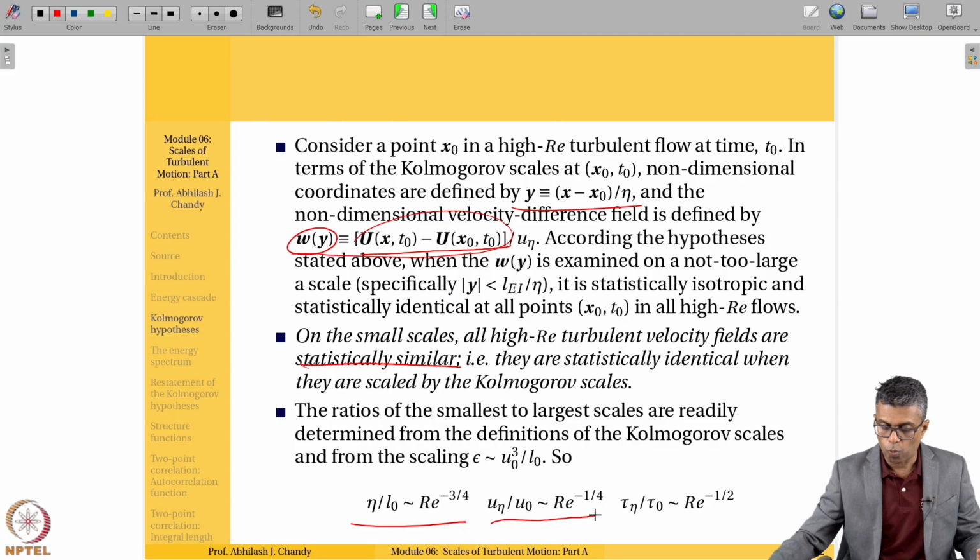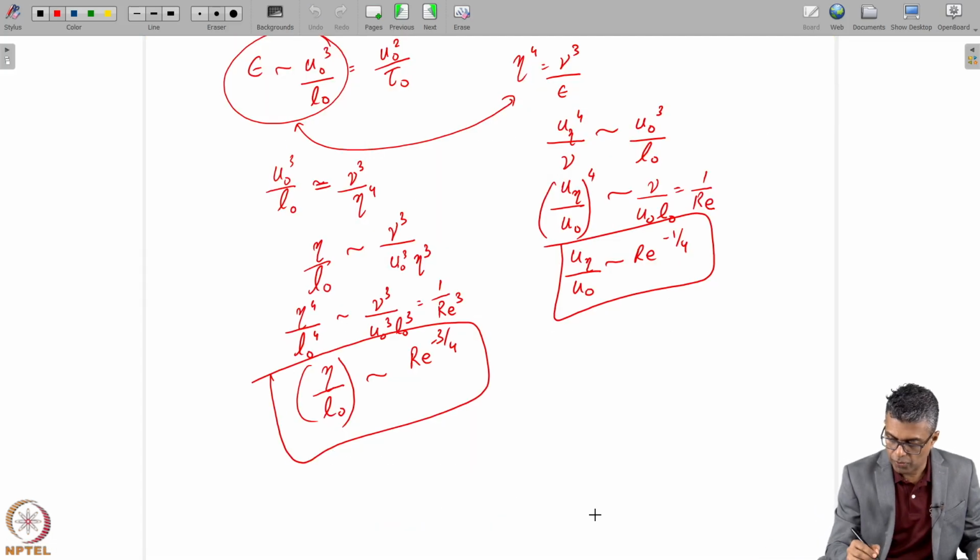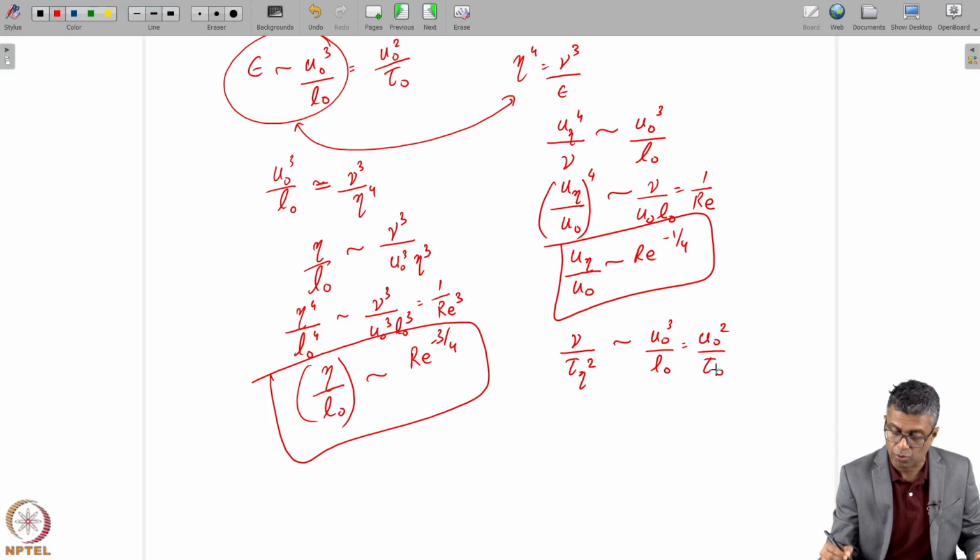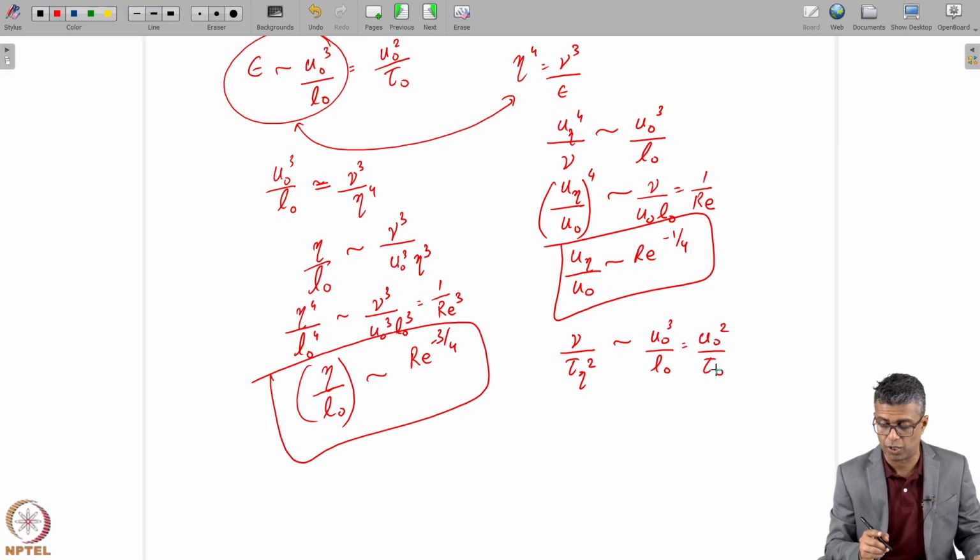Isn't it? One more to do. So now I will use the third equation from the Kolmogorov relationships, and write epsilon in terms of nu over tau eta squared. Now this is of the order of magnitude of u0 cube over L0, which is also equal to u0 squared over tau 0, because I want it in terms of tau 0.